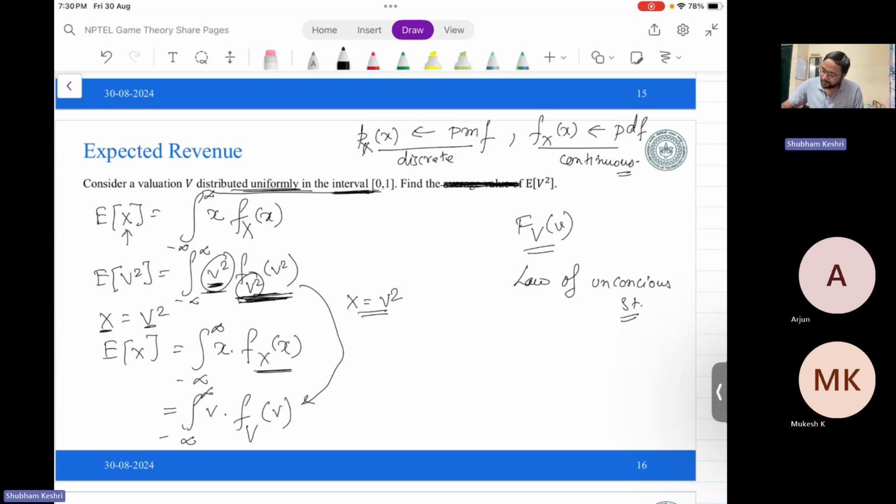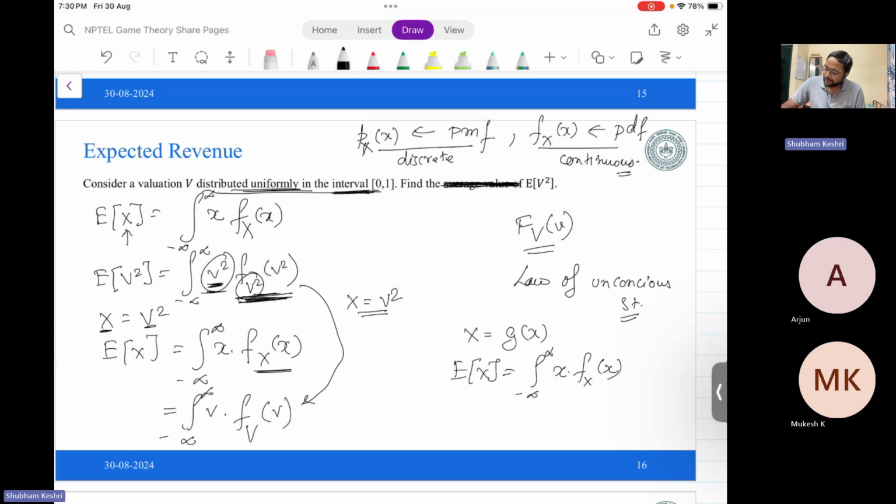When I write x is equal to a function of y, and you're calculating the expected value of x, what is this? Integration from minus infinity to infinity of small x f capital X of x. Okay, I'll just say g of x.